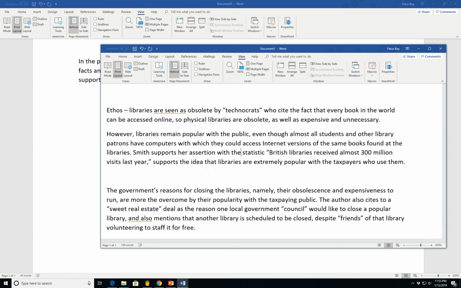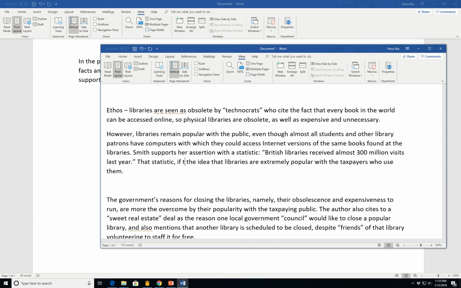Okay, with a statistic. British libraries received almost 300 million visits last year. That's a statistic. If true, certainly supports the idea.